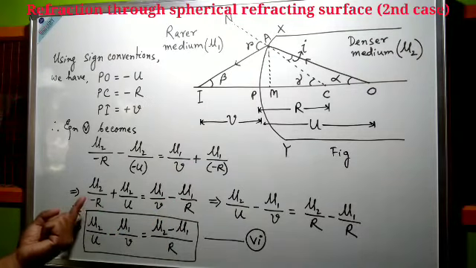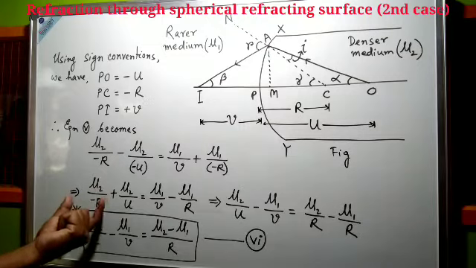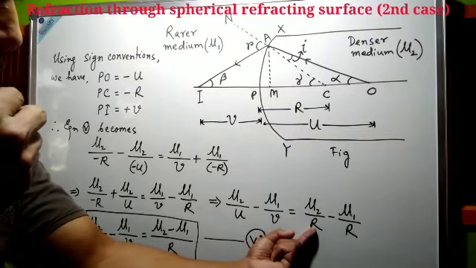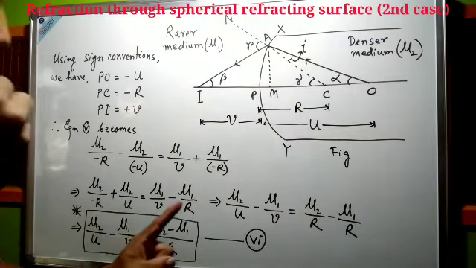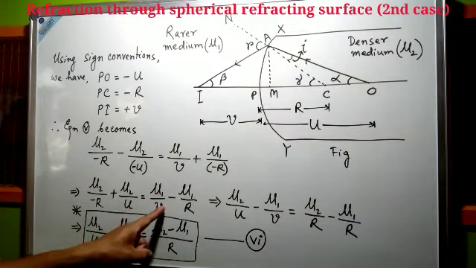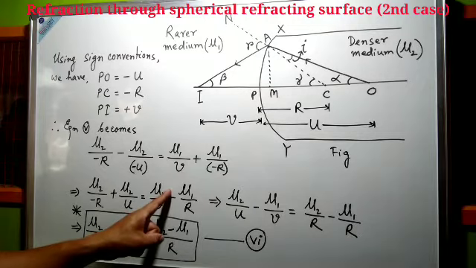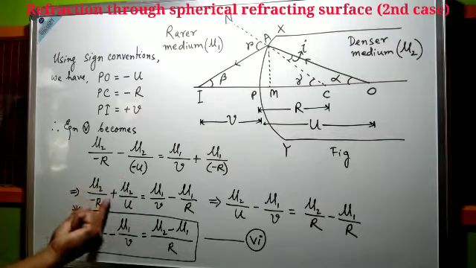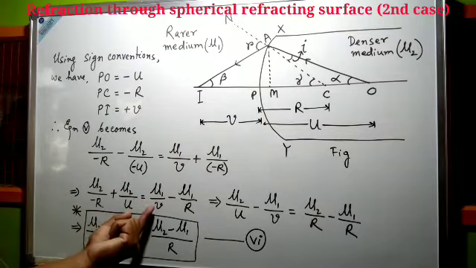Again, you have to bring this mu2 by minus R from the left side to the right side, then it will become positive. Then this mu1 by v on the right side is brought to the left side, then mu1 by v becomes negative.